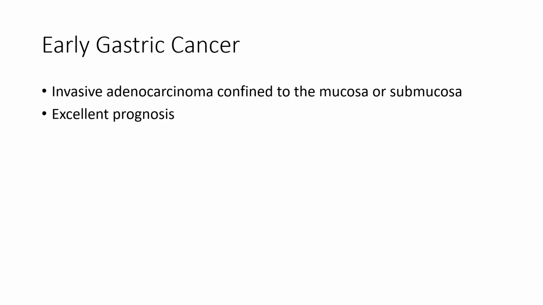And this early gastric carcinoma is common in countries that have a high prevalence of gastric carcinomas, such as Japan, where screening programs are conducted to detect early gastric cancer. So there is more liberal use of upper GI endoscopies, thereby facilitating the detection of early gastric cancer. It carries an excellent prognosis because the cancer was discovered at an early stage.